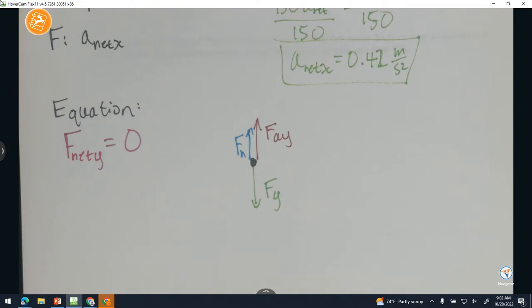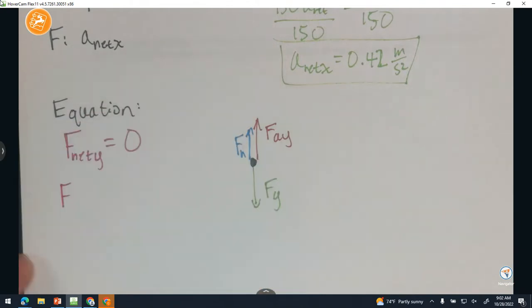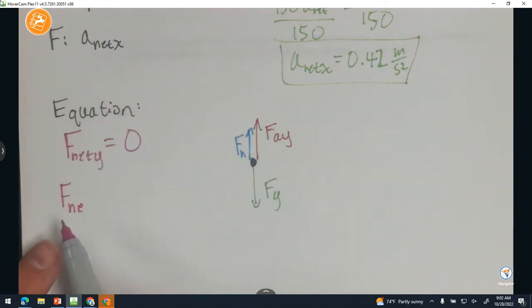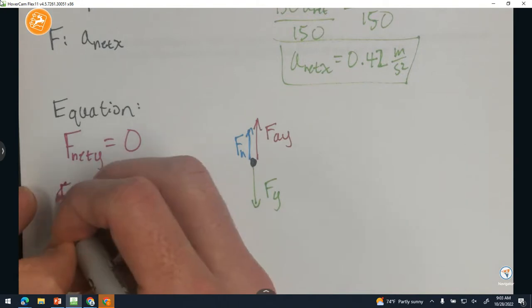Does that make sense? The moose is not going up or down, not accelerating vertically. So that means all the forces are canceling out vertically. So if F net is 0, that means all the opposing forces have to equal each other.